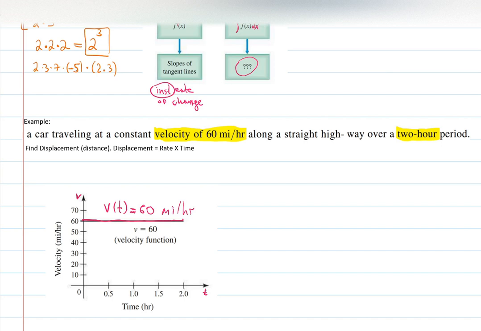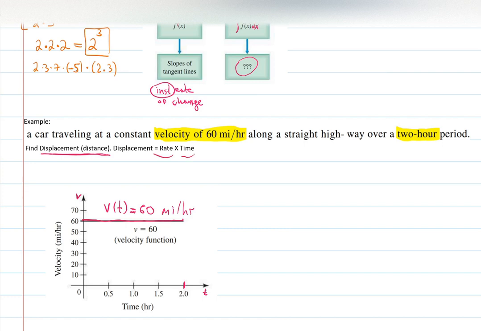Well, I was traveling with a speed of 60 miles per hour, and I was traveling for 2 hours. How to find displacement or distance, right? Displacement is a positive distance, so you cannot go negatively. Displacement is rate times time, right?